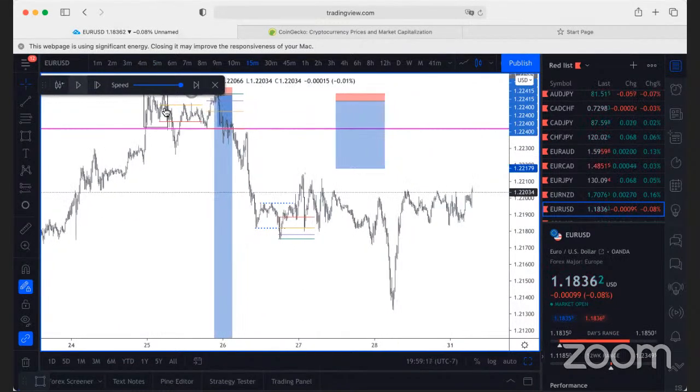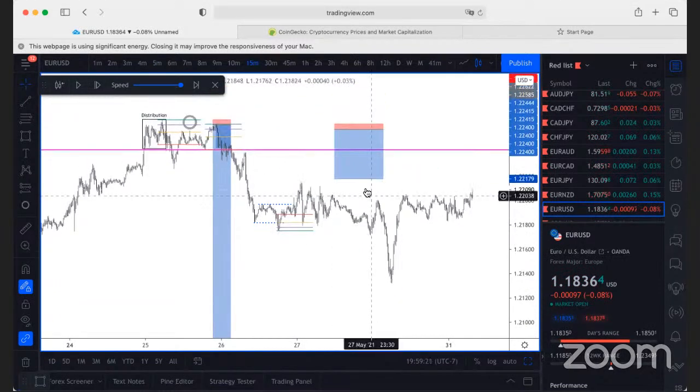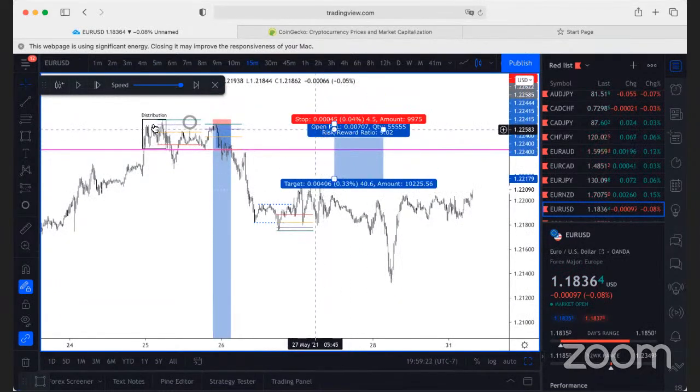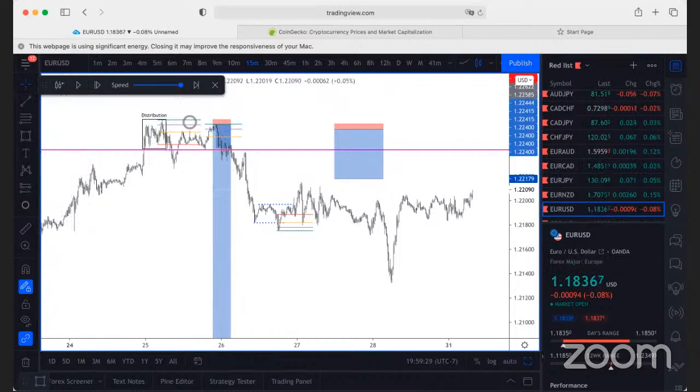So let's talk about this area up here as well. We're looking to take the 80%. Was 50% too big up here? Do you guys remember? Nah, I don't even remember. Let's see. 50% was about a 10 pip stop loss.